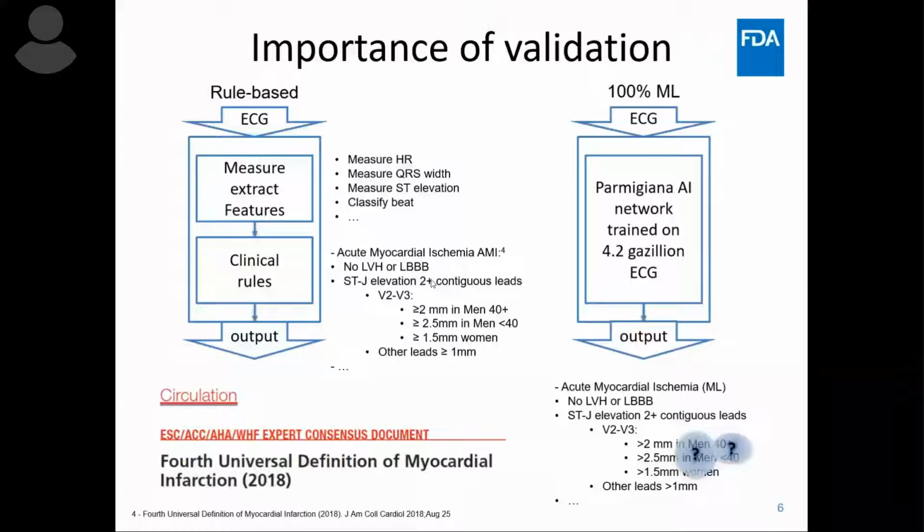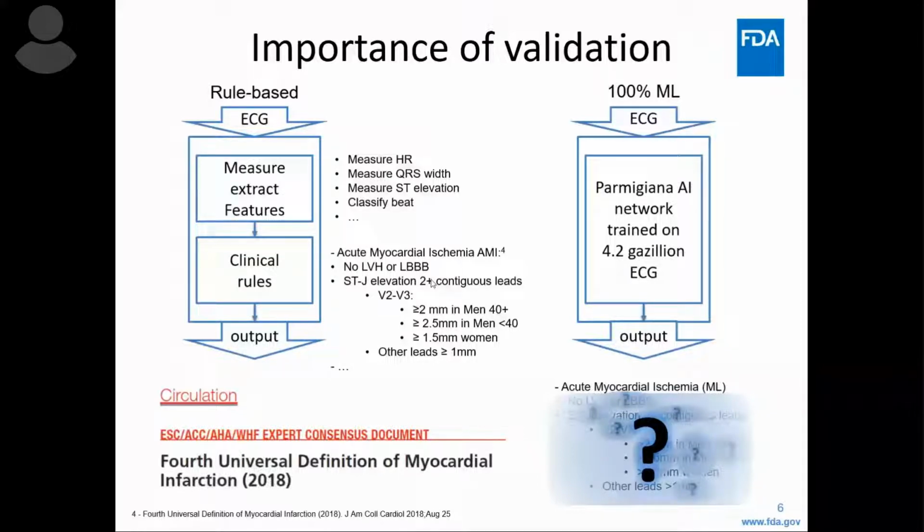We don't know if they look at the same leads the same way. We don't really know if they look at the contiguous leads, or if they really look at the J point, or if they exclude LVH or LBB. So we don't really know anything about this rule. And what we need to base our evaluation on is really how this device performs in the real world.